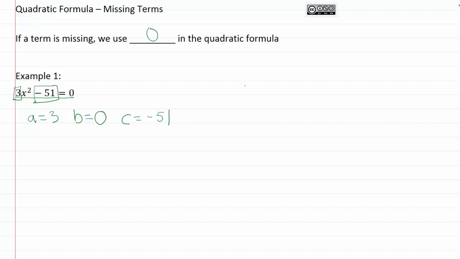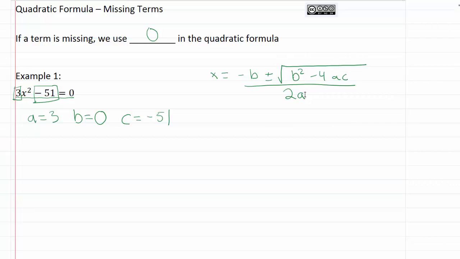Okay, so let's remember that the quadratic formula is x equals negative b plus or minus the square root of b squared minus 4ac all over 2a. Okay, so now we're ready to plug in all of our numbers.